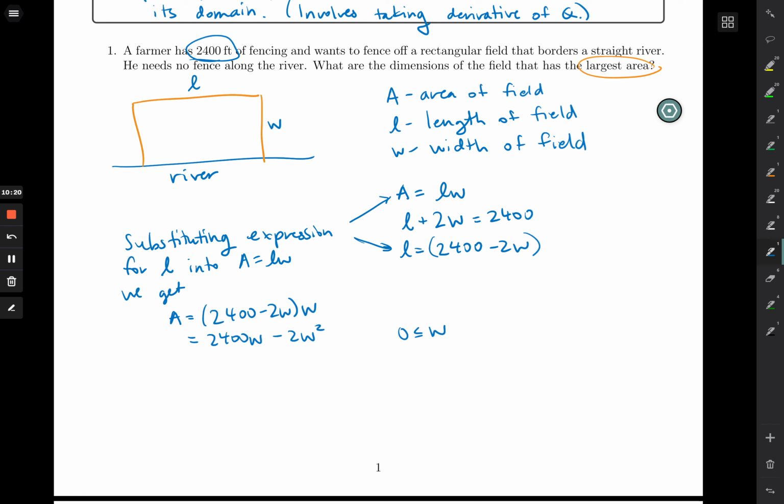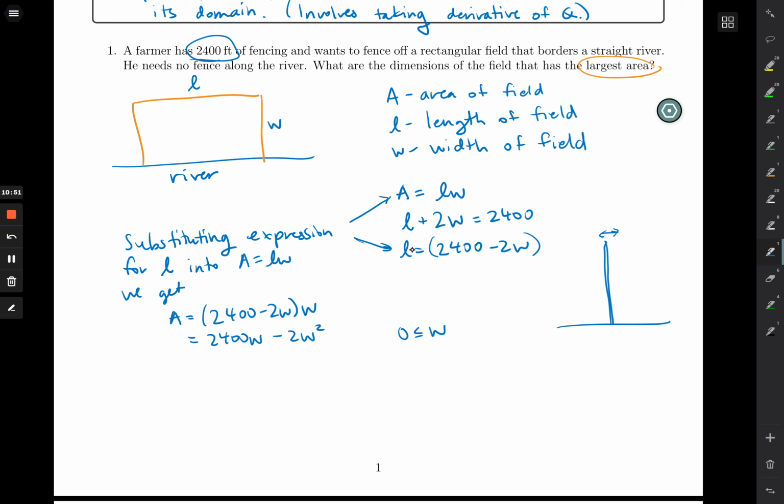So in the most extreme case, L would be equal to 0, and if we try to picture that, the fencing will go straight up and then come straight back down and not travel horizontally at all.